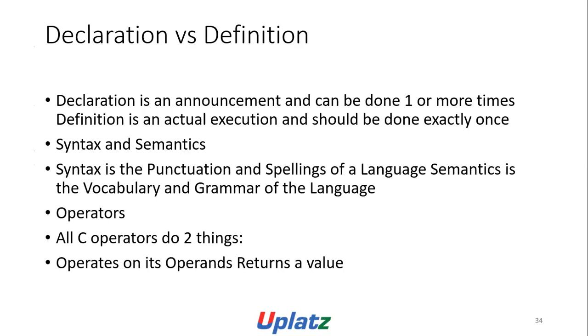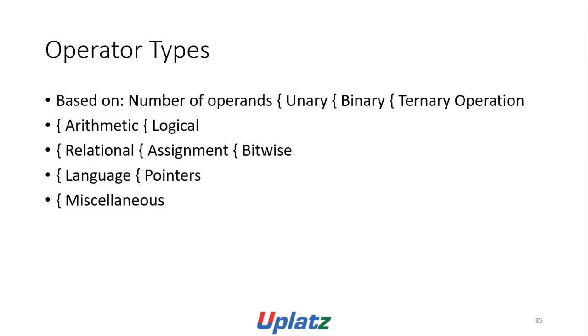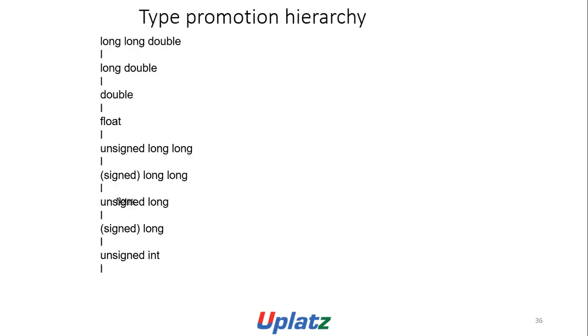Operators. All C operators do two things: operate on their operands, and return some value. Operator types based on number of operands: unary, binary, ternary. Operator types based on operation: arithmetic, logical, relational, assignment, bitwise, pointers, miscellaneous.